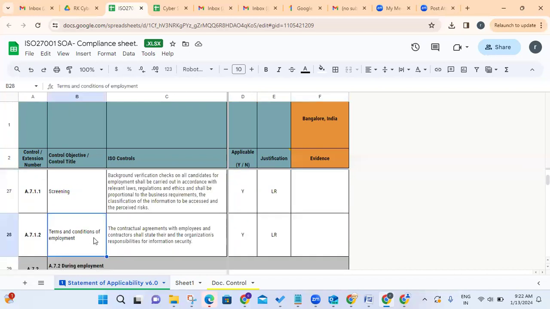The second one is terms and conditions of the employment. Whether any candidate has read the offer letter, and what the probationary period is, and after reading the overall offer letter, whether he has signed the non-disclosure agreement or not, that is called NDA.